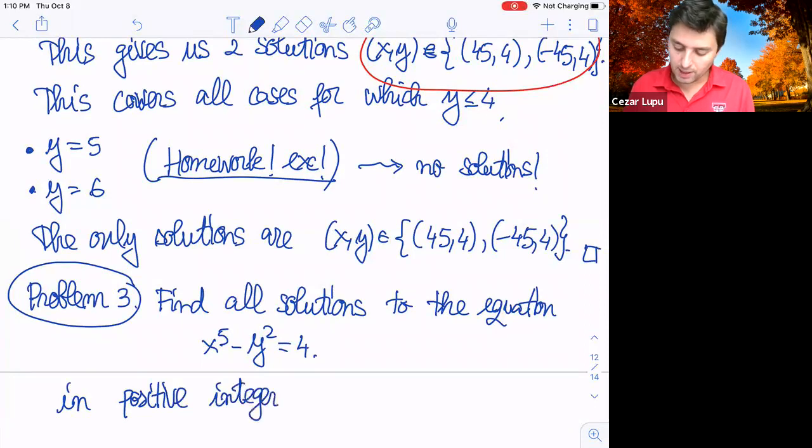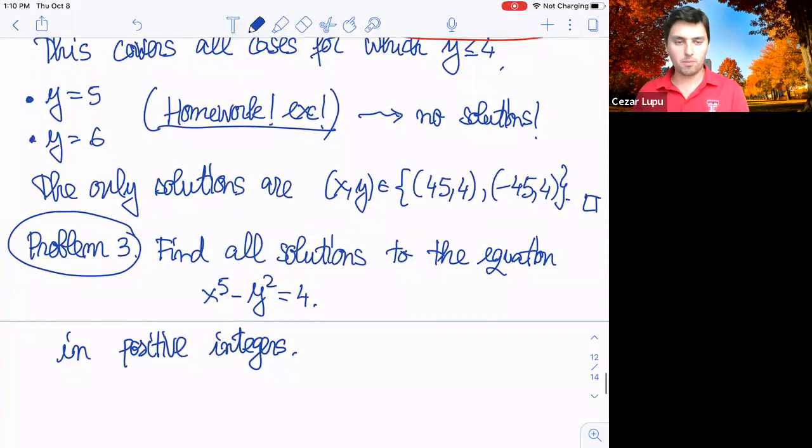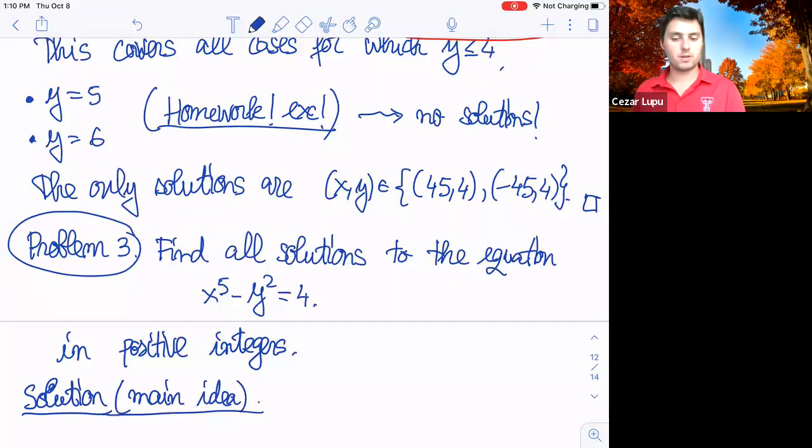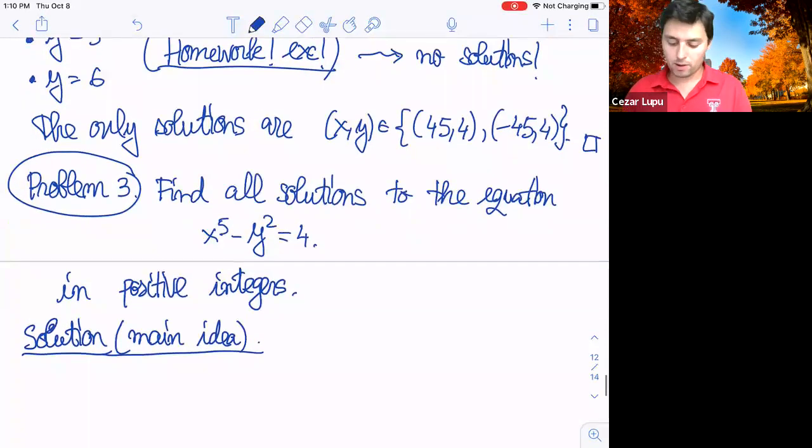And as you can see here, when you look at this equation, you have to look modulo a prime. So the same idea. Okay, let me give you only the main idea of the solution. The main idea for this equation is to work modulo a prime.